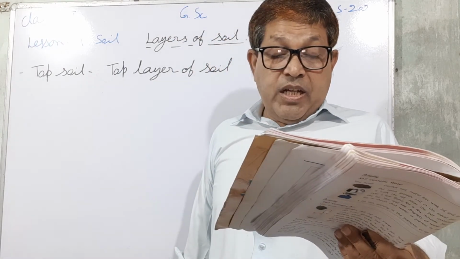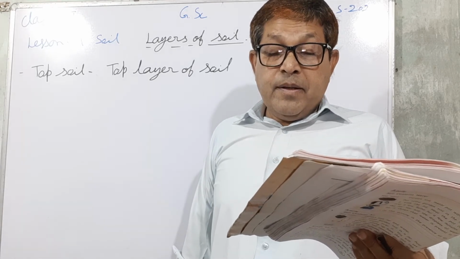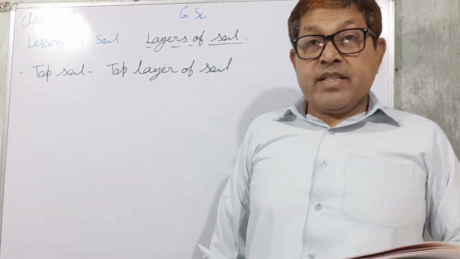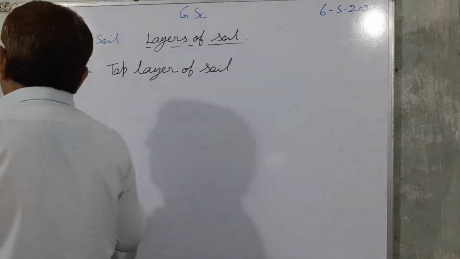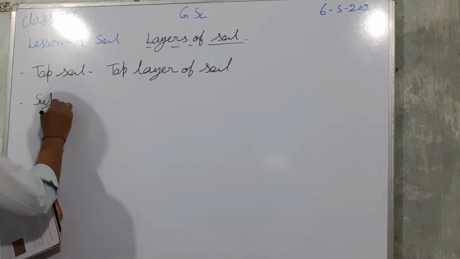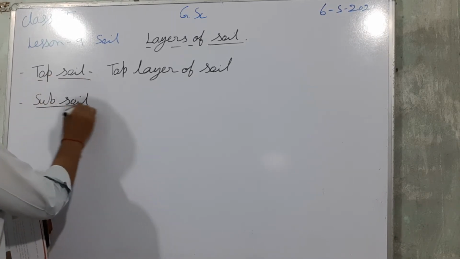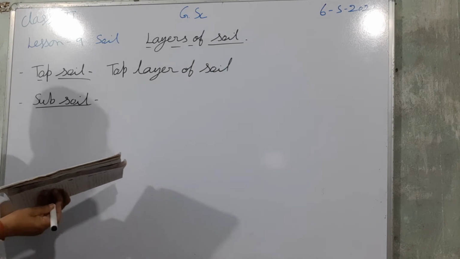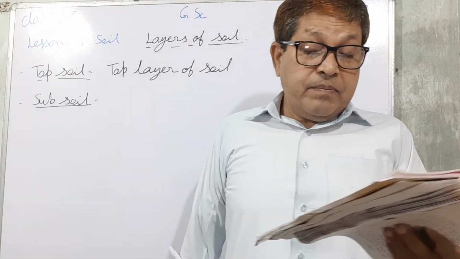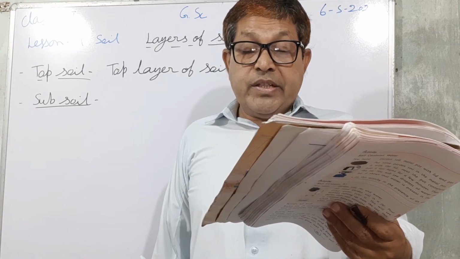The second layer of soil is light colored and full of broken rock pieces. It is called the subsoil. First topsoil, second is subsoil. Once again, the second layer of soil is light colored and full of broken rock pieces.